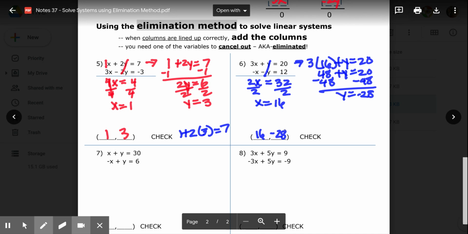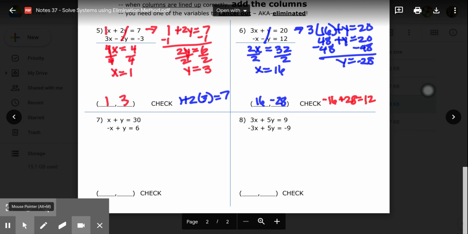That's a big number. All right, so I'm going to go ahead and use that bottom equation to check. So it says a negative x, so that would be a negative 16 minus a negative 28, which would be a positive 28. Does that give me 12? Yes, 28 minus 16 does give me 12.